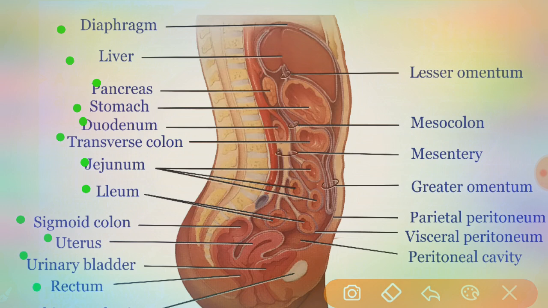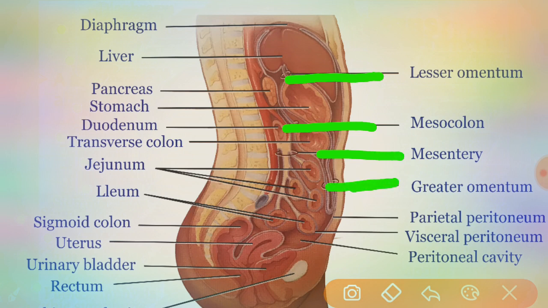On this side we can see the overall parts of the peritoneum: lesser omentum, mesocolon, mesentery, greater omentum, parietal peritoneum, visceral peritoneum. We have seen the two layers of the peritoneum: the first is the parietal peritoneum and the second is the visceral peritoneum. Next we have seen the peritoneal cavity.